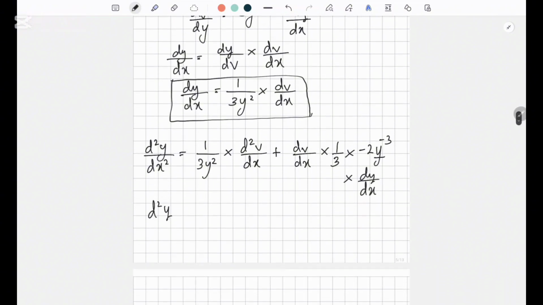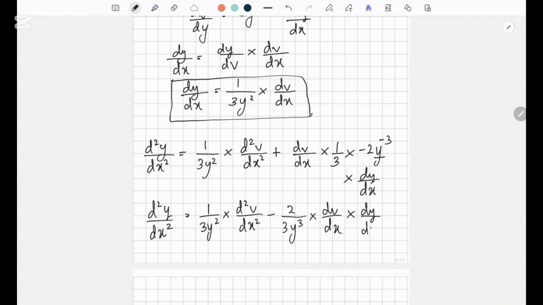So your second derivative is 1 over 3y squared times the second derivative of v over dx squared plus, sorry, minus, since we have minus over there, 2 over 3y cubed times dv over dx times dy over dx. Okay, so this is the substitution for your second derivative.